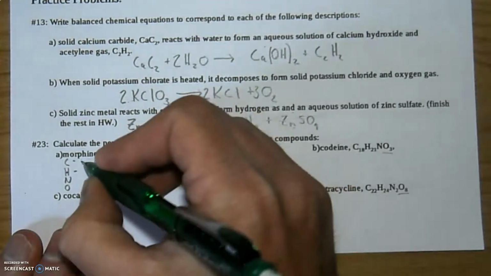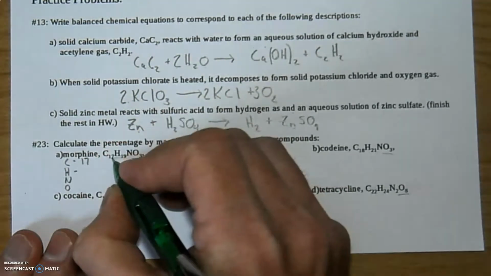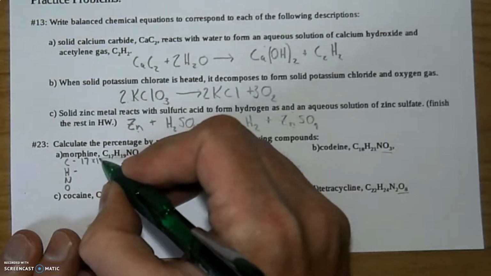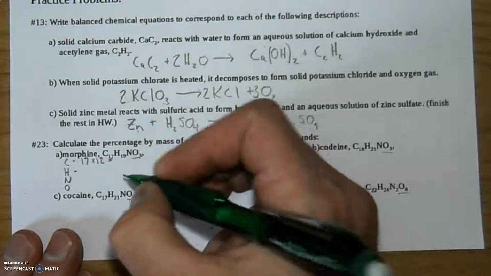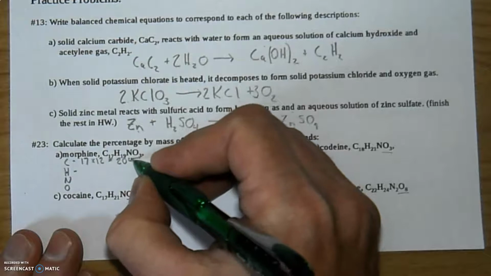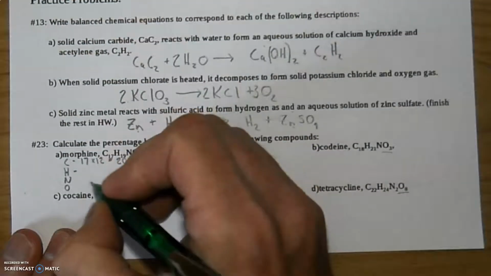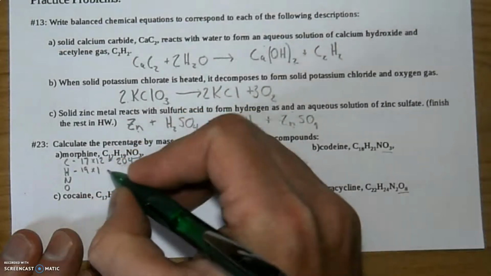So carbon happens to be 17, right there, 17 of them times a mass of 12 off the periodic table. And for the most part, close is close enough. That gives us 204 atomic mass units. Hydrogen, I have 19 of them times a mass of about 1.